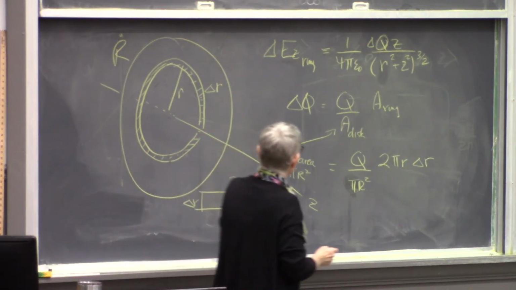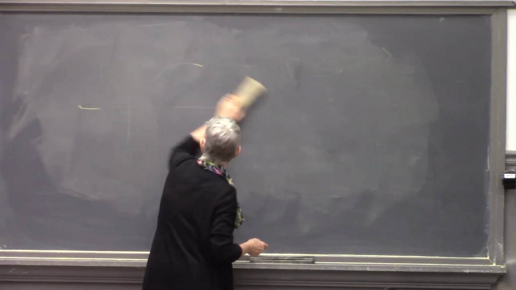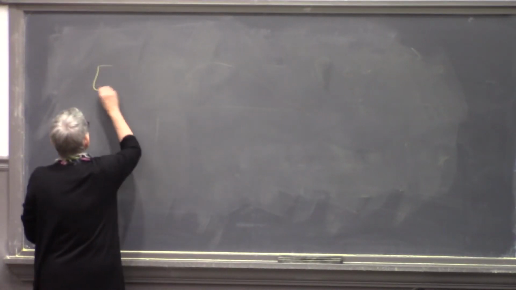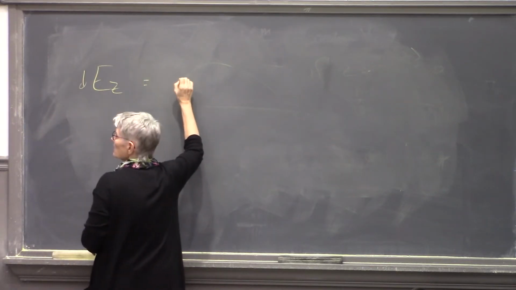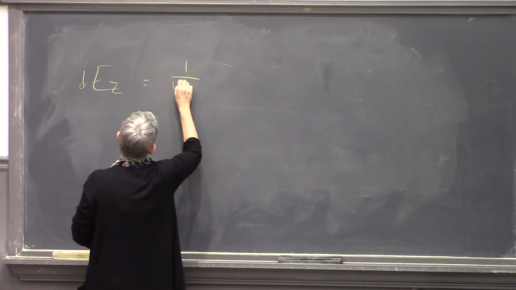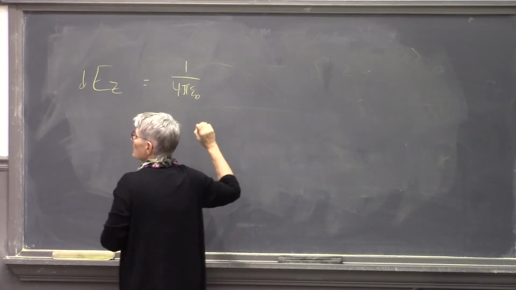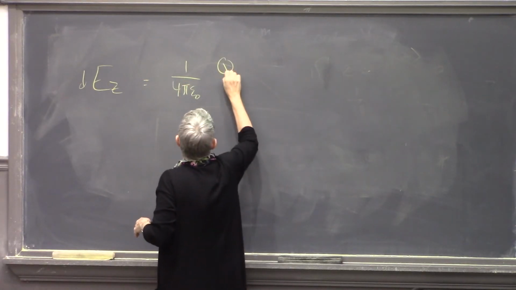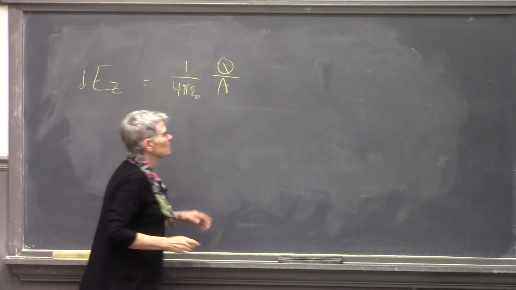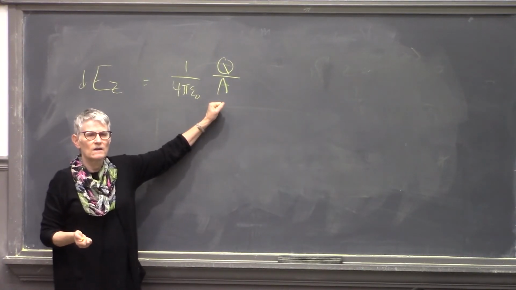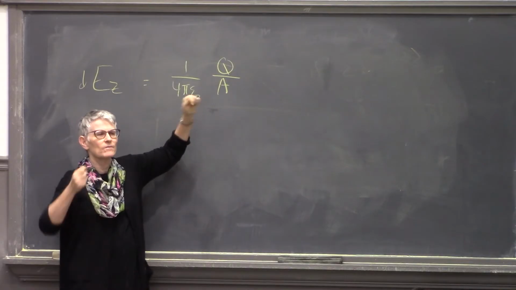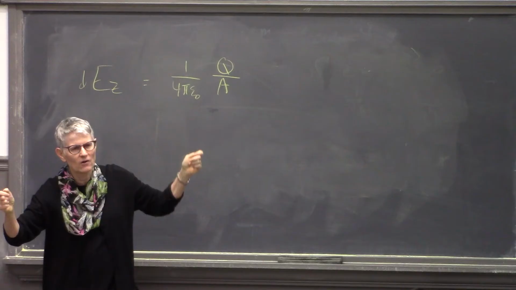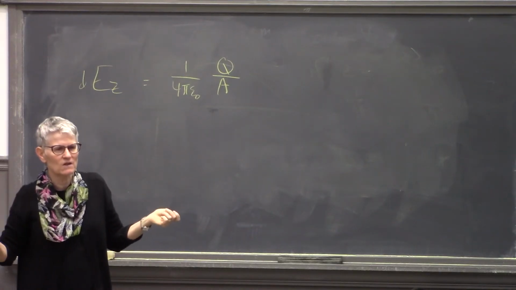And so dE_z is just going to be equal to 1 over 4 pi epsilon 0 times q over A. I'm going to write it as q over A because it's the charge per unit area, per meter squared, of the disk.